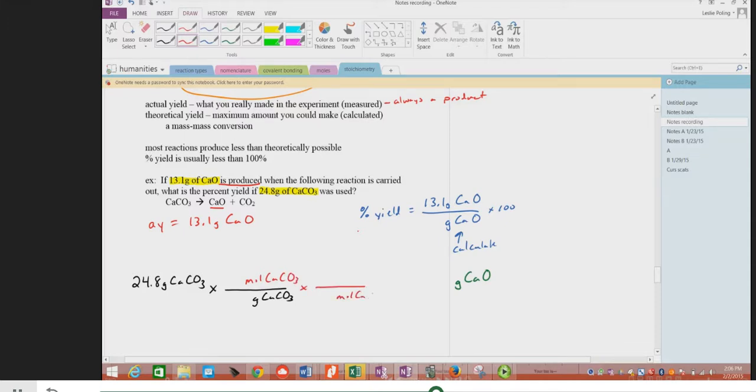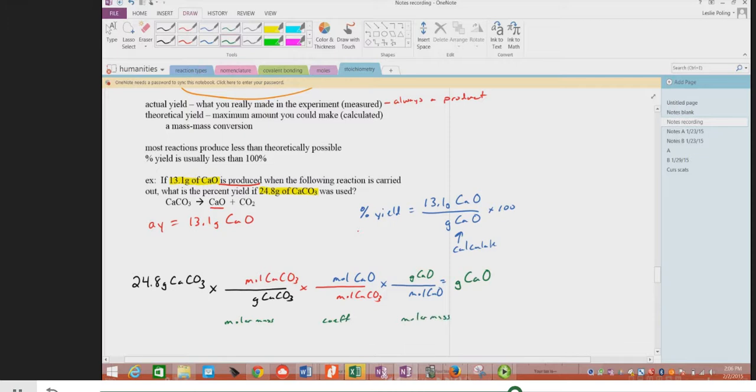And then moles of calcium carbonate are going to come to the bottom, moles of calcium oxide to the top, moles of calcium oxide to the bottom, and grams of calcium oxide to the top. So this is just our typical mass to mass problem. Here's our molar mass step, our mole ratio, which uses the coefficients, and another molar mass step.